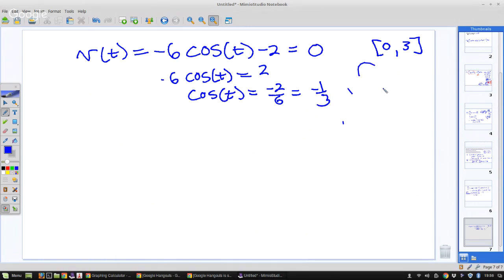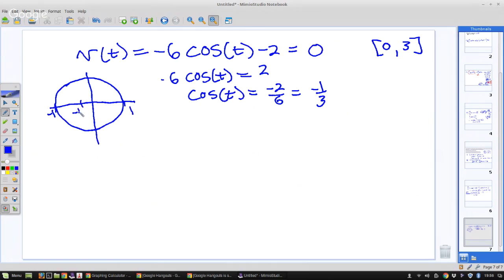All right, whoa, crazy. I'm just going to think about that geometrically for a second. Cosine on the unit circle is an x value. There's negative 1 for x, there's 1 for x, so 1/3 is about here, or negative 1/3. Negative 1/3 could be that value up there, it could be this value up here.